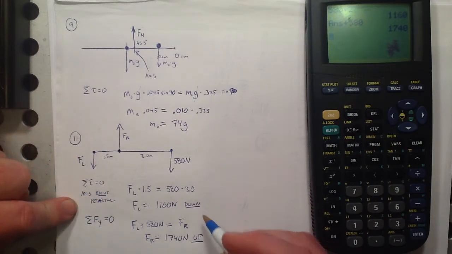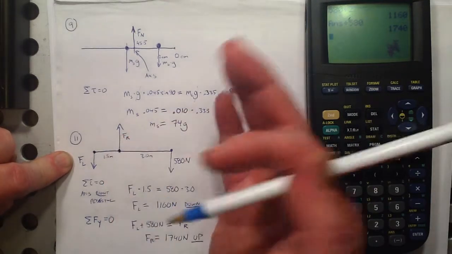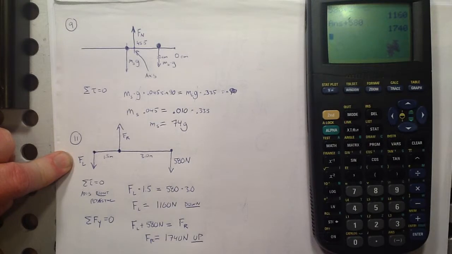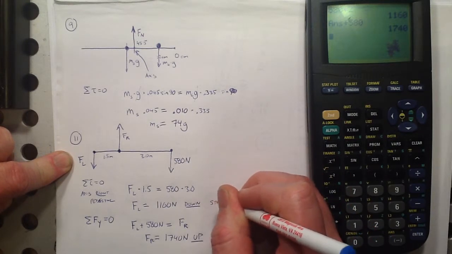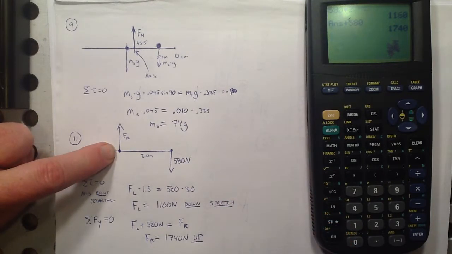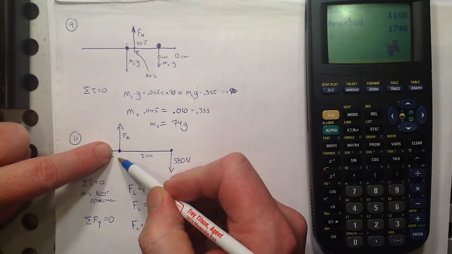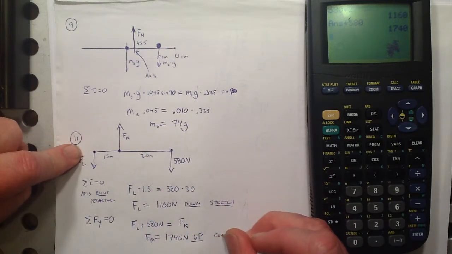So that means the left pedestal is getting stretched, right? Because it's having to pull down on the board. So this is a stretch. And by the same logic here, if this pedestal's pushing up on this one, that means the board's pushing down on it, so it's getting compressed.